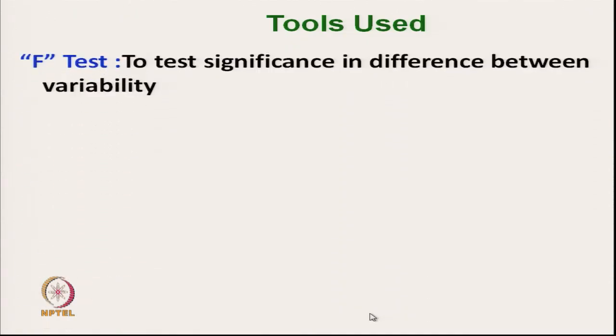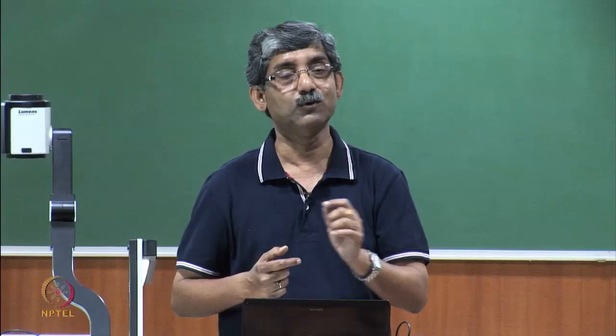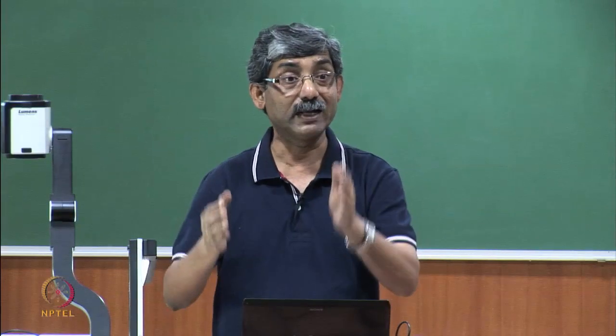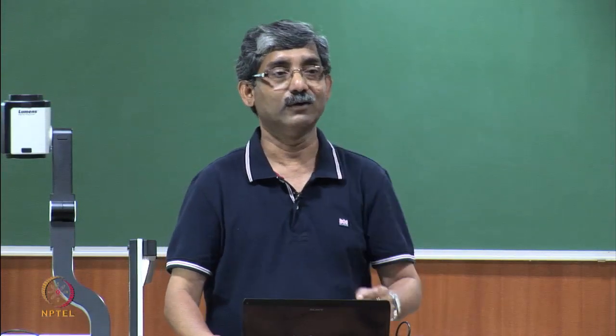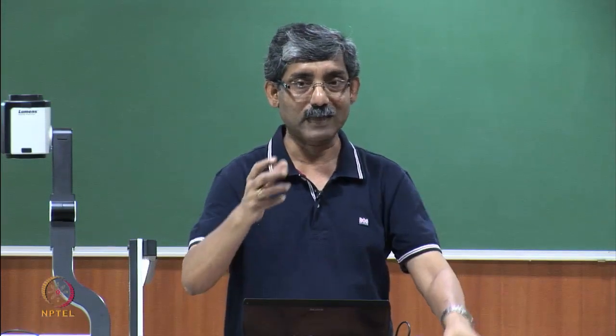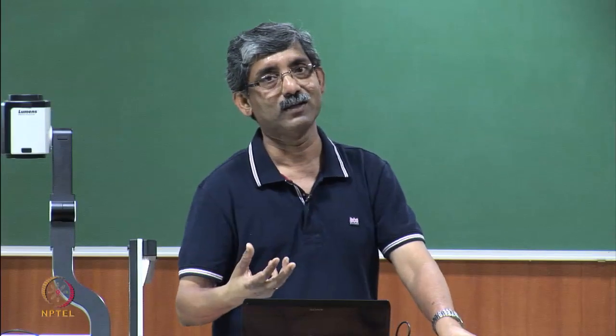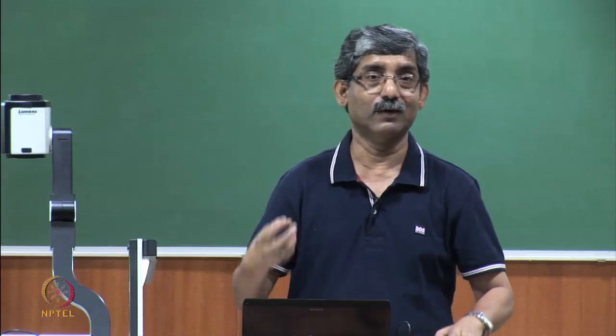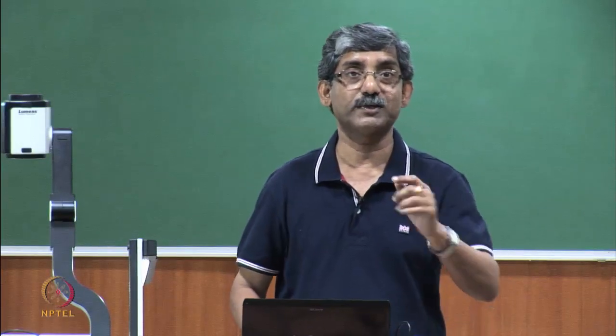Next is the F-test. The F-test is also done for significance testing, but here it is only used for the significant difference between the variability. It does not take care of the mean value. In any sample there are two characteristics, one is the mean, another is the variability, standard deviation or coefficient of variation.